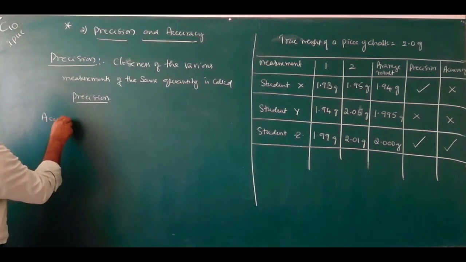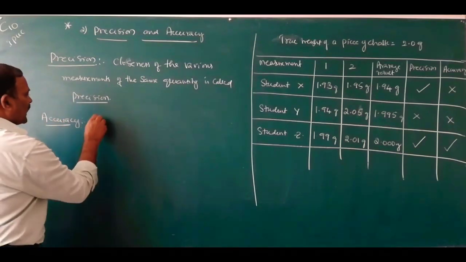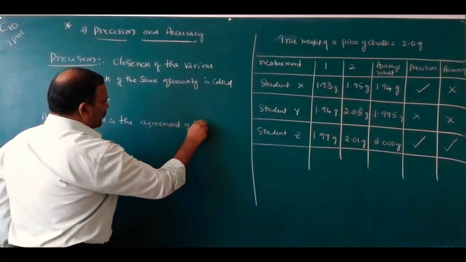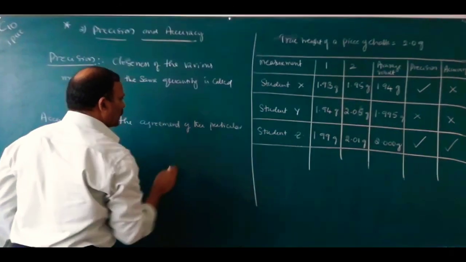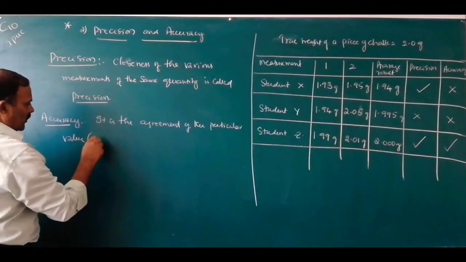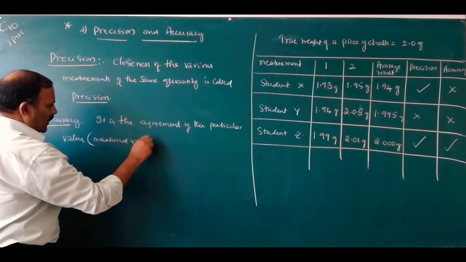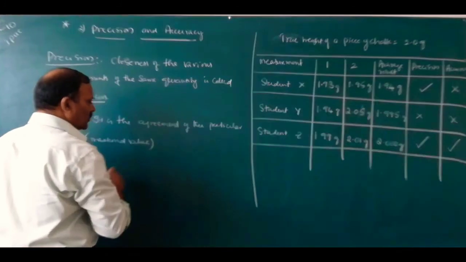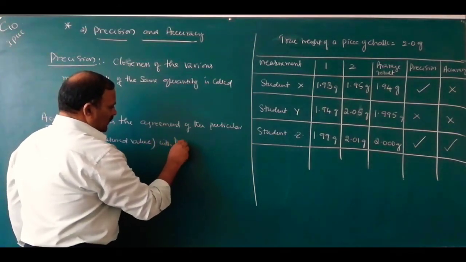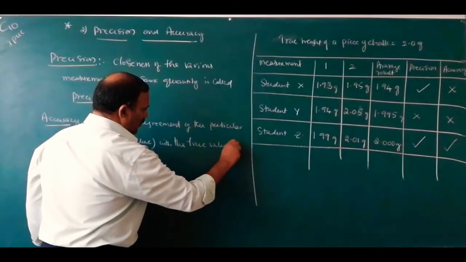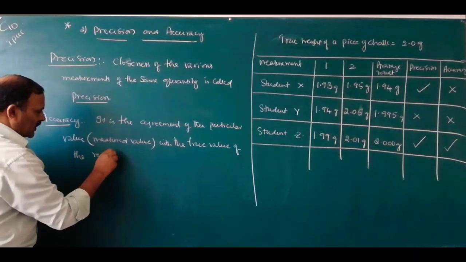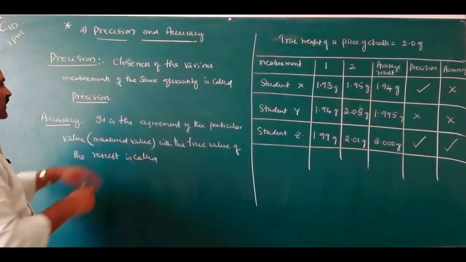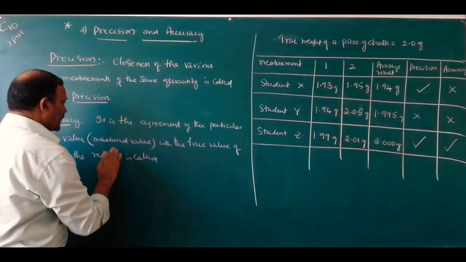Then what is accuracy? Accuracy: it is the agreement of the particular value or measured value with the true value of the result.